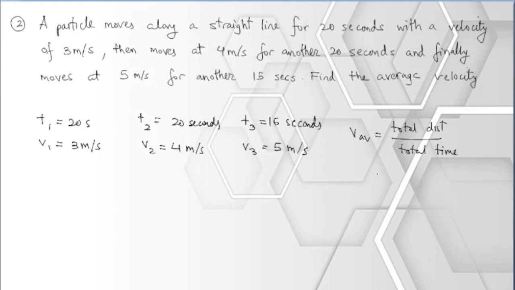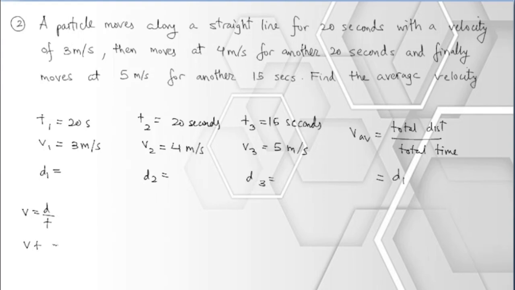Now there are 3 paths, so let us say d1, d2 and d3. Since velocity equals distance by time, you can multiply velocity into time to obtain distance.